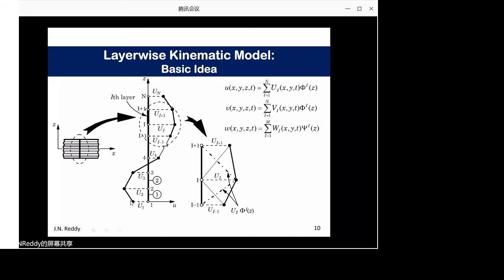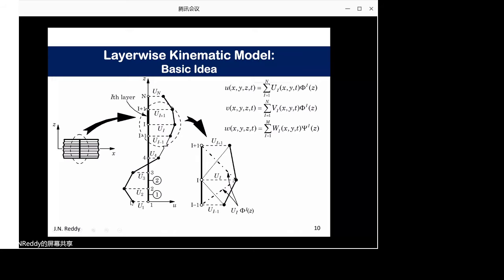Since thickness and in-plane are separated, there is no aspect ratio issue with thickness. That means you will not have thickness locking because thickness is gone in the computation. Once you have this variation through thickness, it's integrated out. You can even do it exactly. So the elements are all going to be two-dimensional.